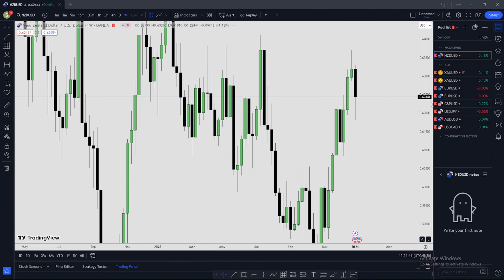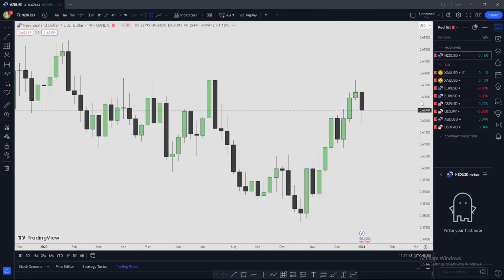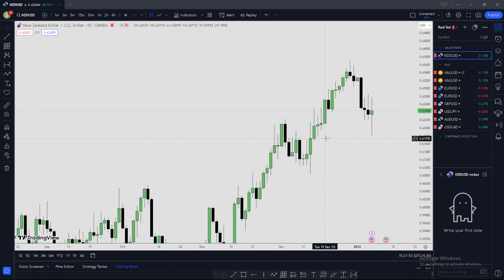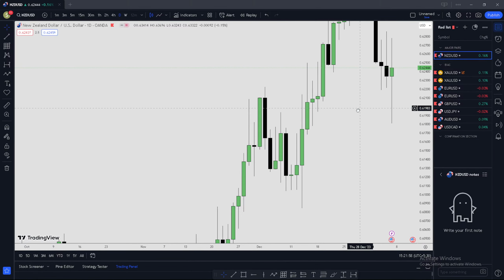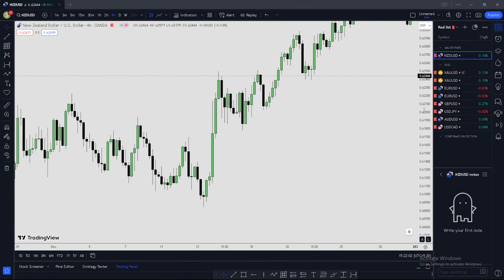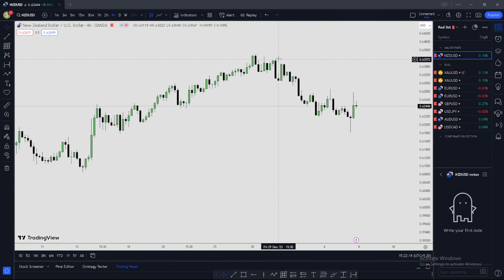What about 1 week? No, 1 day. No, as of now, no. Yes, the price is approaching with this reversal.